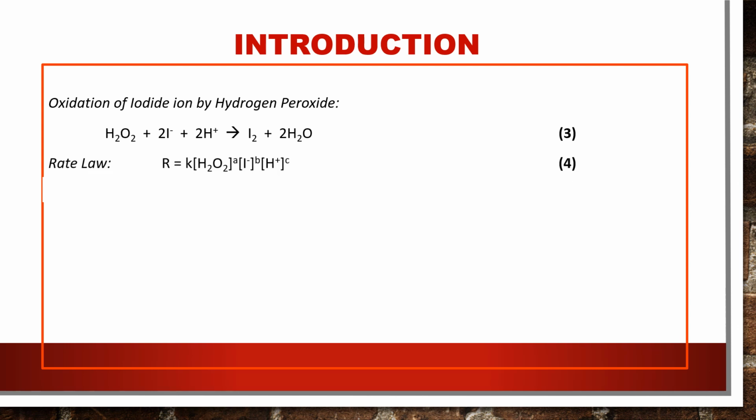The rate law for this reaction is therefore given as the specific rate constant K times the concentration of the hydrogen peroxide species raised to the order with respect to the hydrogen peroxide, times the concentration of the iodide species raised to the order with respect to the iodide species, and also times the concentration of the H plus species raised to the order with respect to the H plus species.